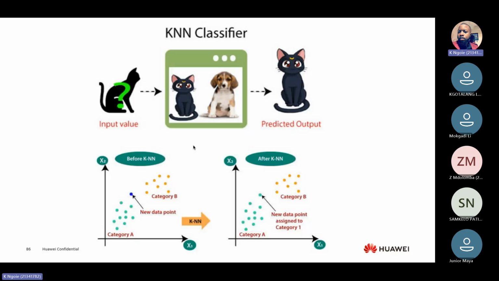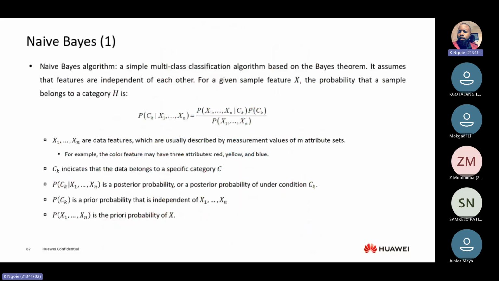So the KNN is a K nearest neighbor. Think of it like when you cannot see an animal, but you classify the animal based on the similarities and say this animal looks like another animal. You may think that's the animal. That's exactly what the machine will do.